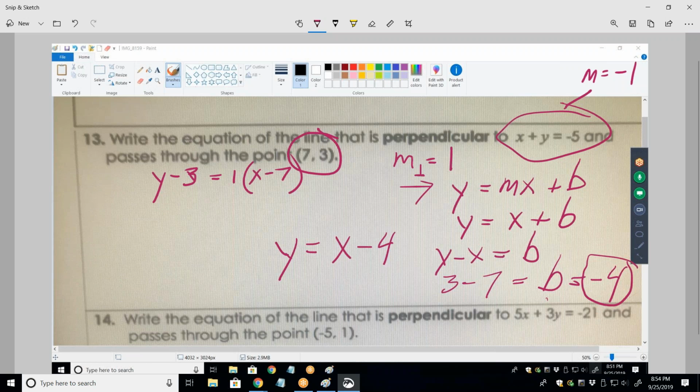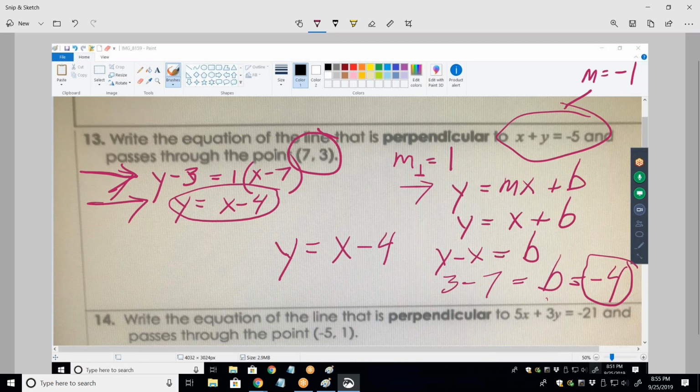Okay? And look at this one, the point-slope method. Move the 3 over, you get y equals x minus 4. You don't always need to do that fourth step. Most of the time, if you have a proper math teacher and they are teaching you the point-slope method, then they should accept a point-slope answer.